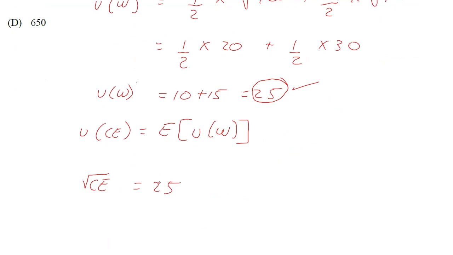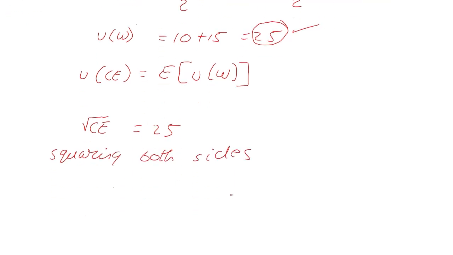Since we know that the utility of wealth is root W, the utility of certainty equivalence will be the root of certainty equivalence, which equals 25. Now we solve. Squaring both sides, we end up with certainty equivalence equal to 625.